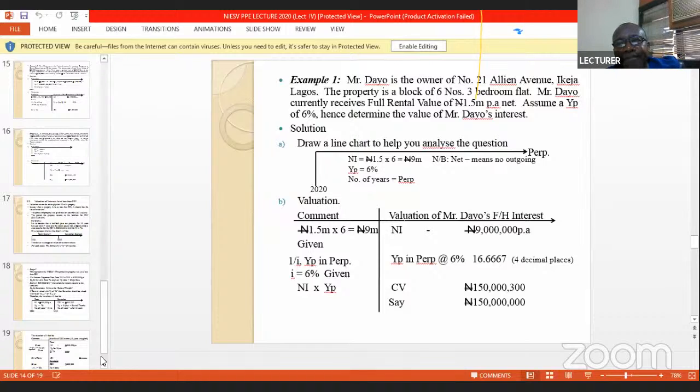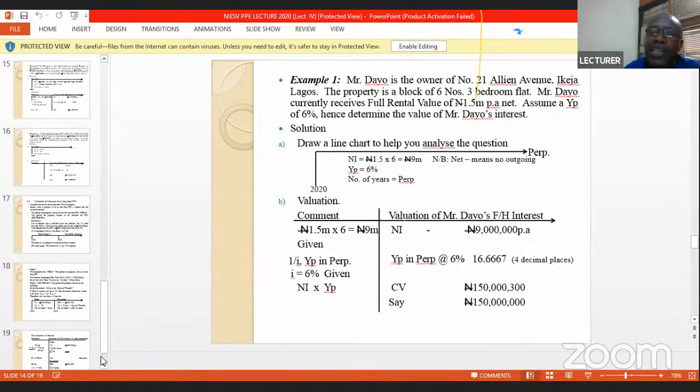Valuing anything, whether freehold, whether leasehold, whether full rental value, whether less than full rental value, the investment method of valuation formula is net income times YP equals capital value.